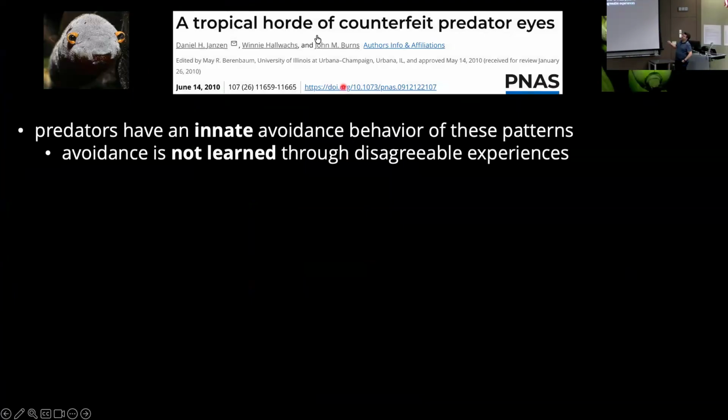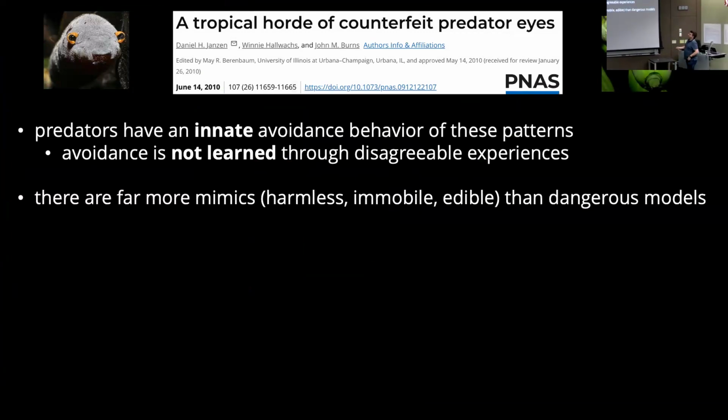It appears that the predators that could potentially eat these things, they tested them and showed that they have an innate avoidance of these patterns. So the predators don't need any experience with these patterns to avoid them. It is innate, so it's not learned. That already doesn't seem to fit either of these mimicry patterns. And then there are way more mimics, the harmless, immobile, edible caterpillars, than the models.